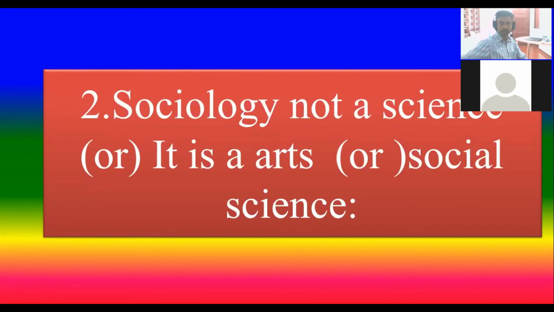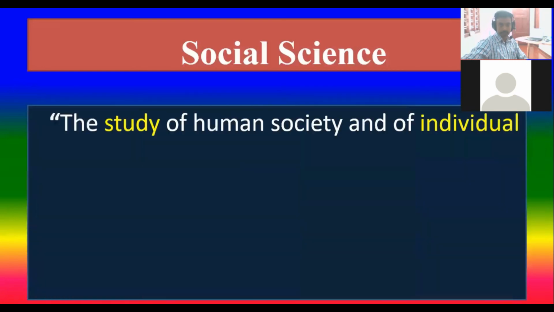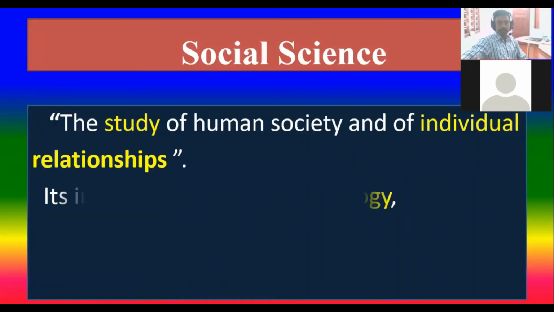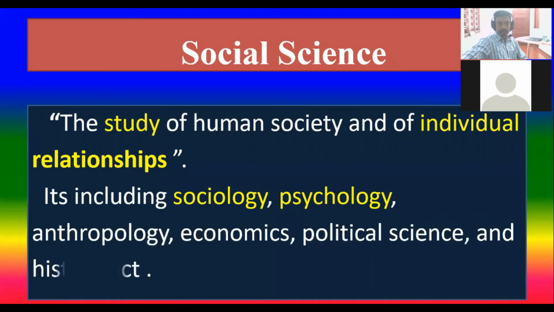Now, sociology is not a science. The reasons are the following. It is the study of human society and individual relationships, including the social sciences, which study relationships: sociology, psychology, anthropology, economics.